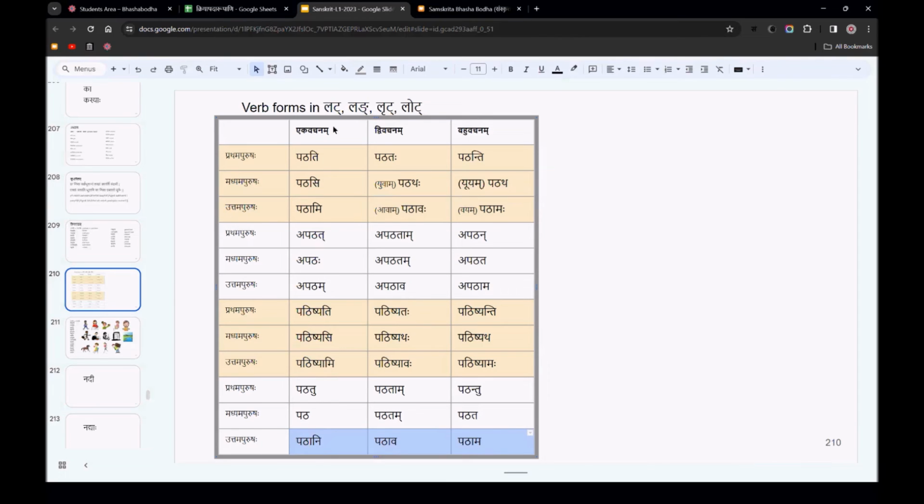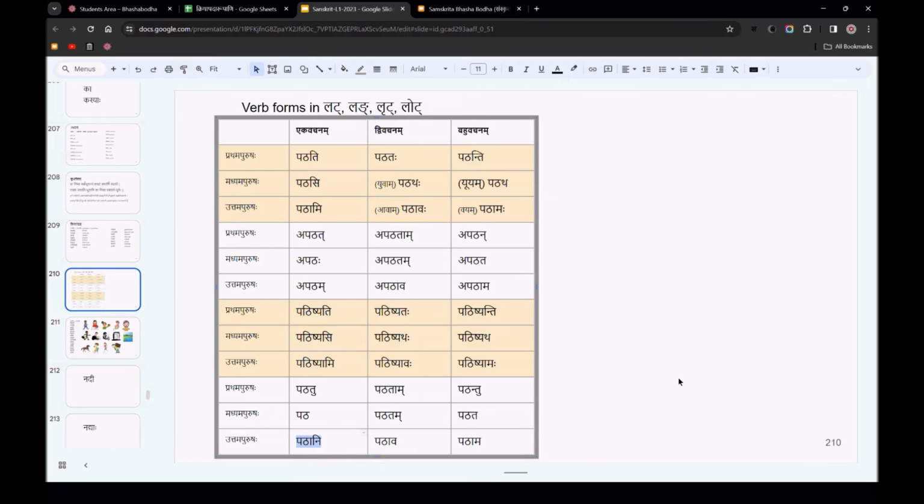You know that the Uttama Purusha ekavachana form is used with the noun aham. So when I say aham patami, that means I am reading. Then when I say aham patani, that means I am wishing the reading action for myself, or asking myself to read. Aham patani means let me read. Many times you find this in a question.